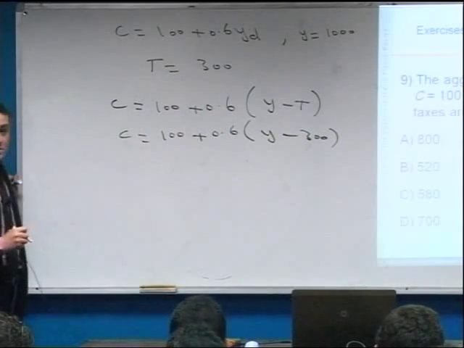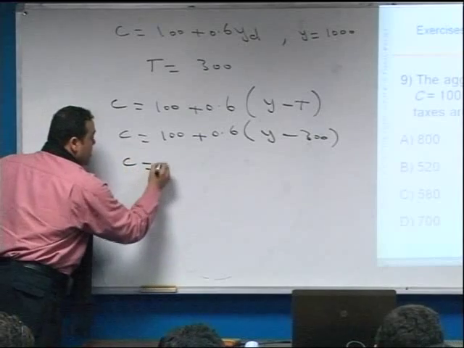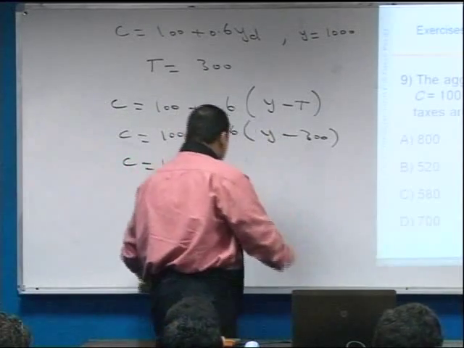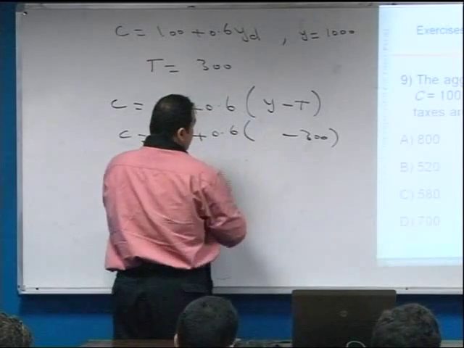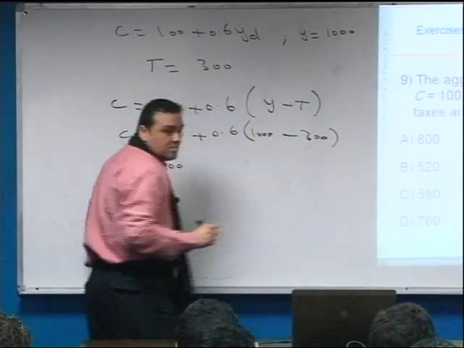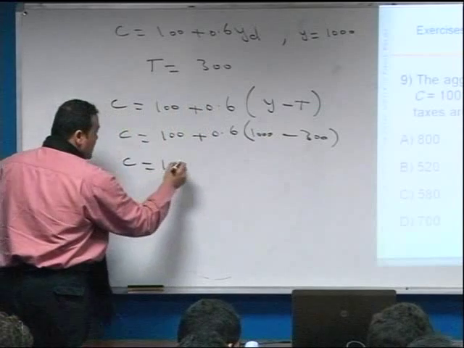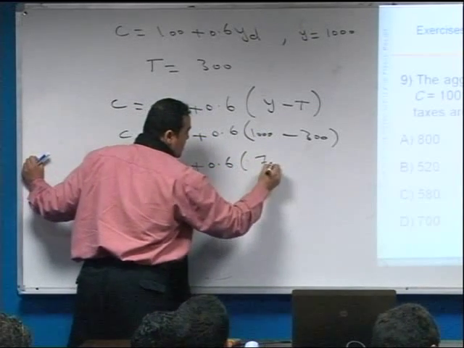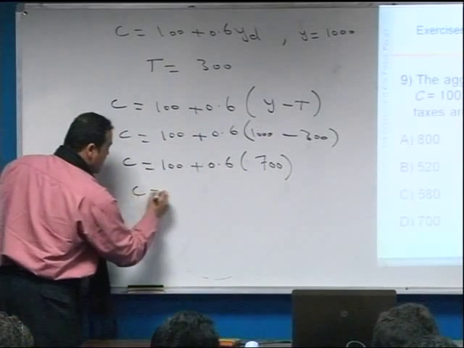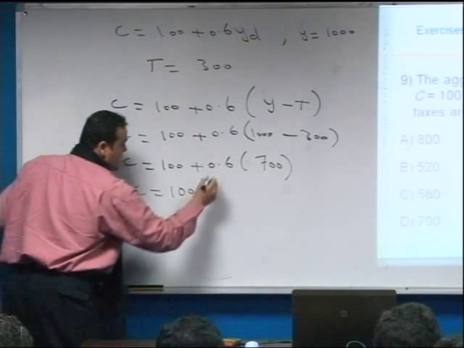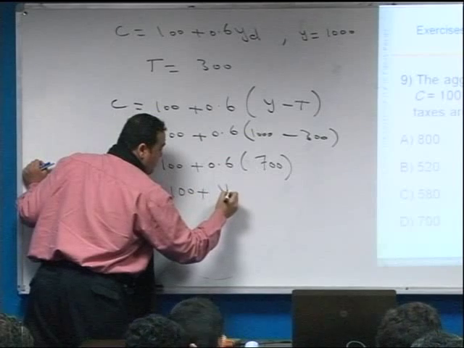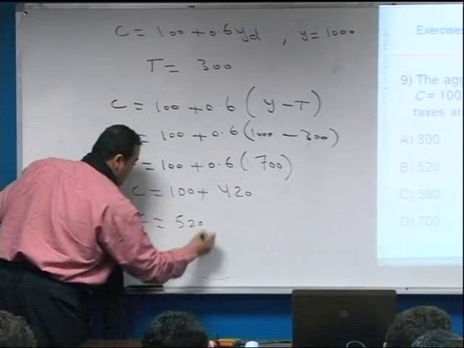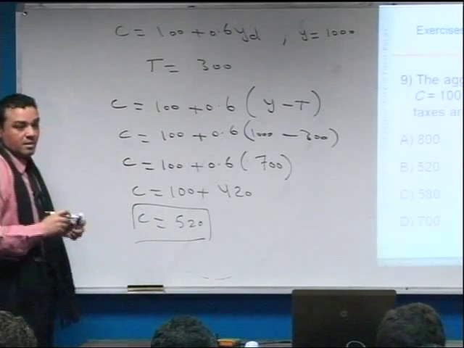Y is given, $1,000. So C equals 100 plus 0.6 times 700, so C equals 100 plus 420. So C equals 520. Right?